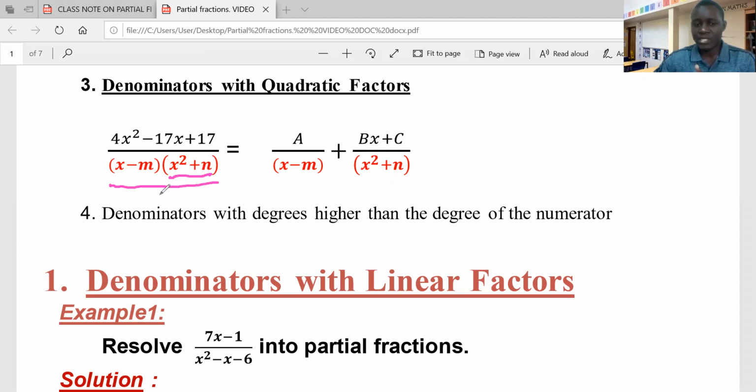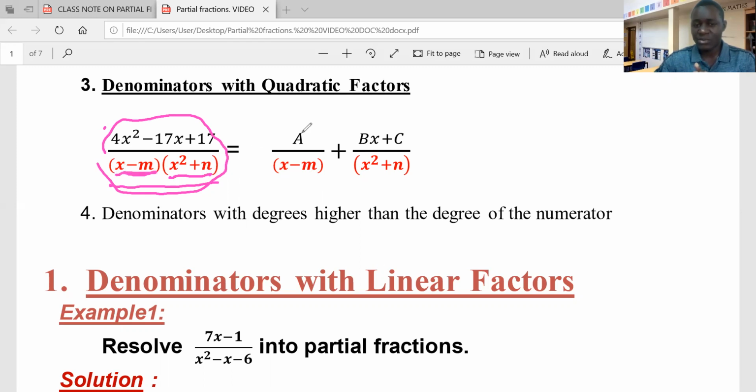The rule for splitting up a compound fraction or a rational function of this kind, that has a quadratic denominator as its factor. How do we split that up? Now I have A over x minus m. Why do I have A over x minus m? Because we have first a linear factor coming up.